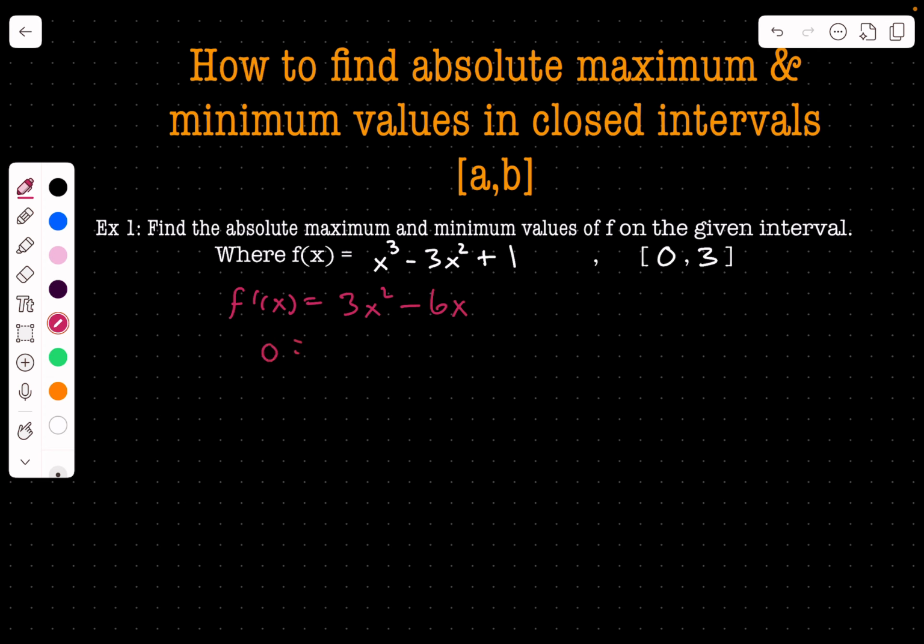Then we set our derivative equal to 0, and then pull out the greatest common factor. Here, the greatest common factor is going to be 3x. And when we do that, we're left with 3x times x minus 2. Then we're going to set both of these equal to 0.